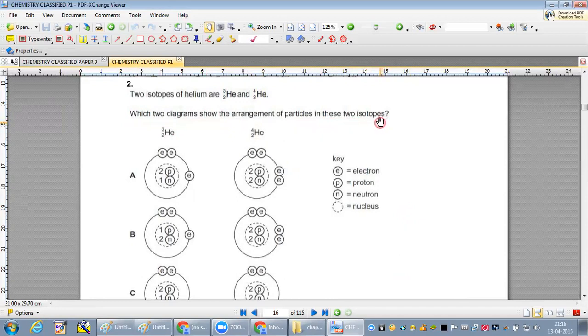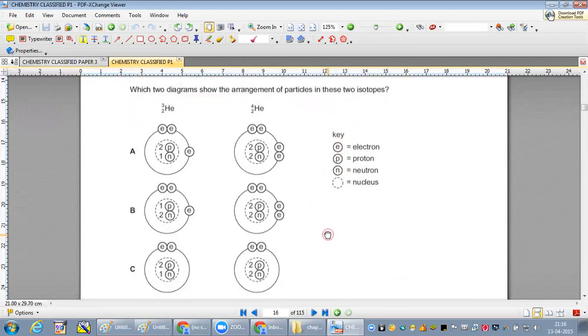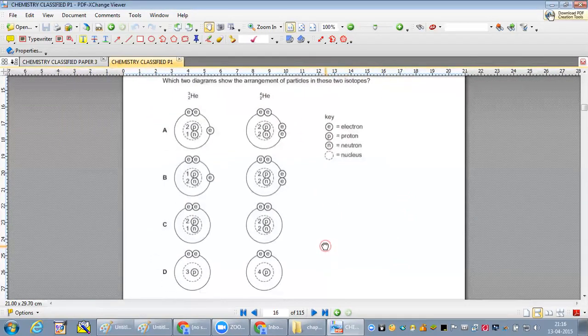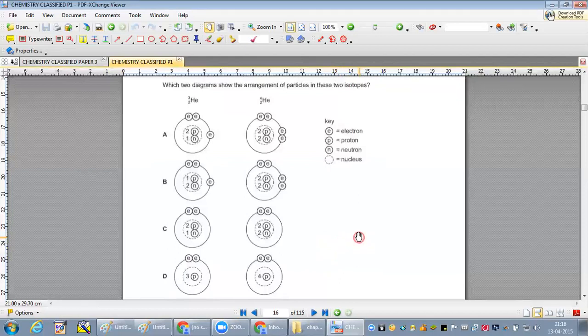The definition of isotopes. Isotopes are atoms of the same element which have same number of protons but they have different number of neutrons. And how many protons, electrons, neutrons are there, that is also given over here. That is the key. So these are the 4 options that are with us.